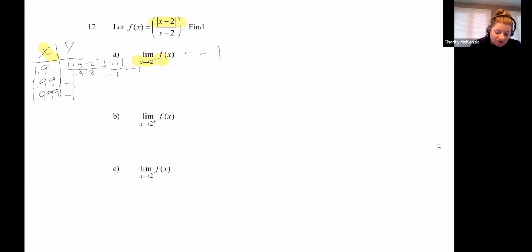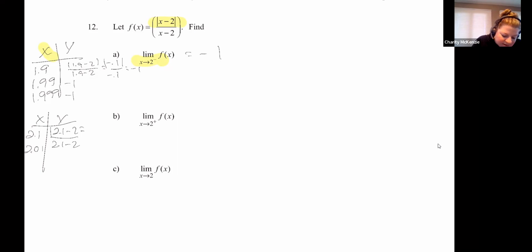Okay, and then for this next one, if we are going from the positive side, I might think of, okay, maybe 2.1, right? To get closer, it'd be 2.01 or 2.001. So the top would be the absolute value of 2.1 minus 2, over 2.1 minus 2.